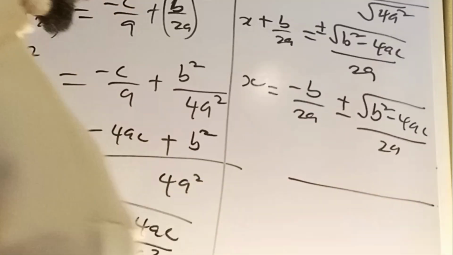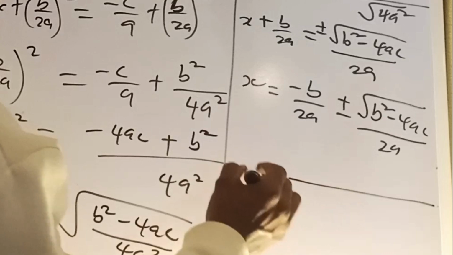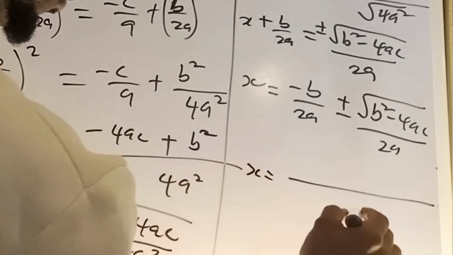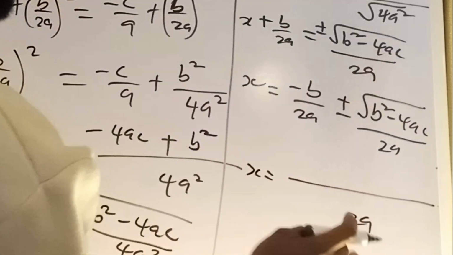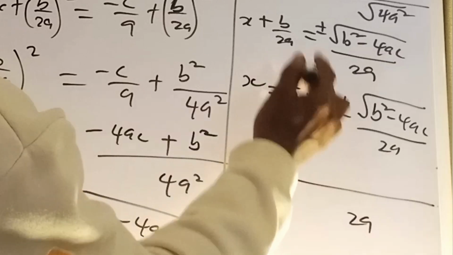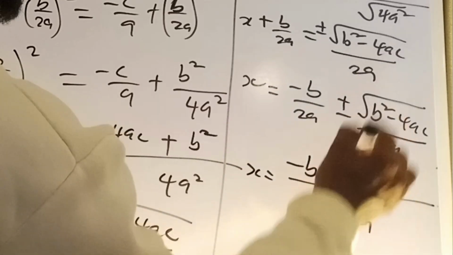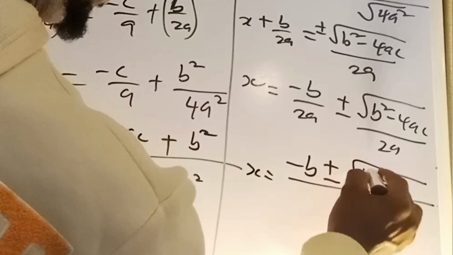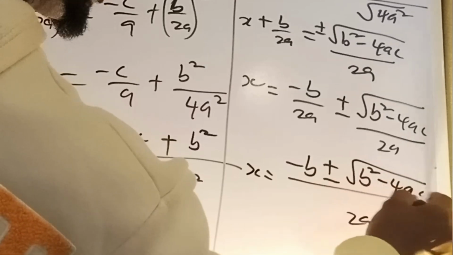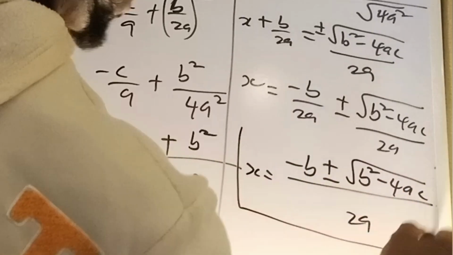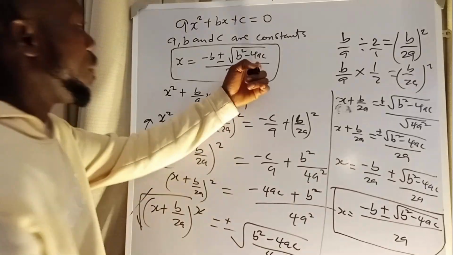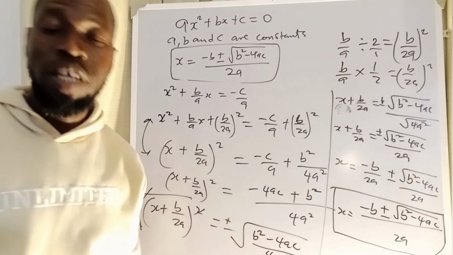Find the LCM. You have x equals to 2a is the LCM. 2a in 2a, 1 times minus b plus or minus 2a is still 1, square root of b squared minus 4ac. So this gives us our quadratic formula, and that is how it is gotten.